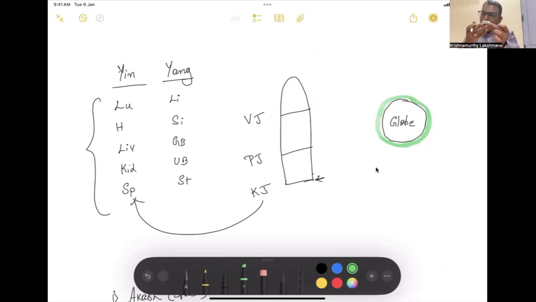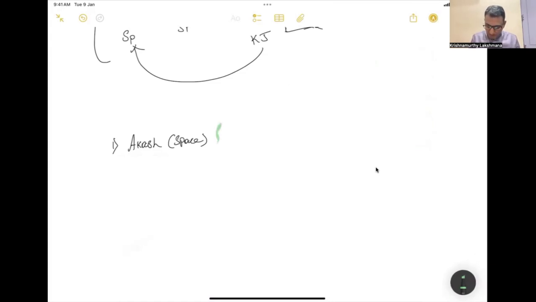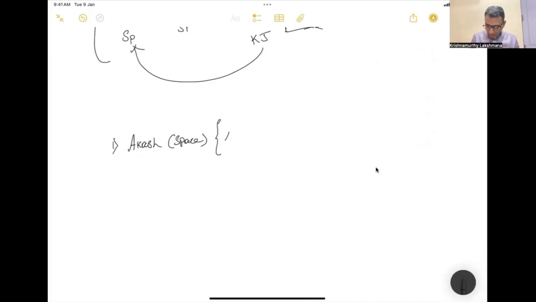So mainly Akash is the external covering and the internal empty spaces.